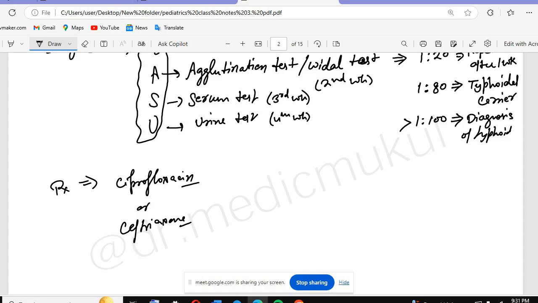So basically, ciprofloxacin is the first line drug, but if in any region there is a strain of typhoid resistant to ciprofloxacin, then we go for ceftriaxone. You have to remember that ciprofloxacin and ceftriaxone are used as first line treatment for typhoid fever.